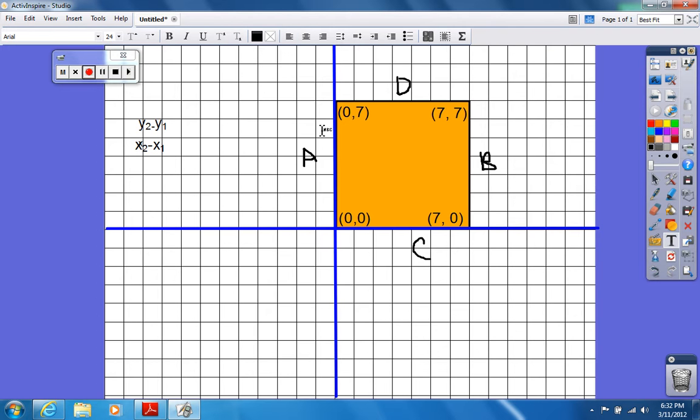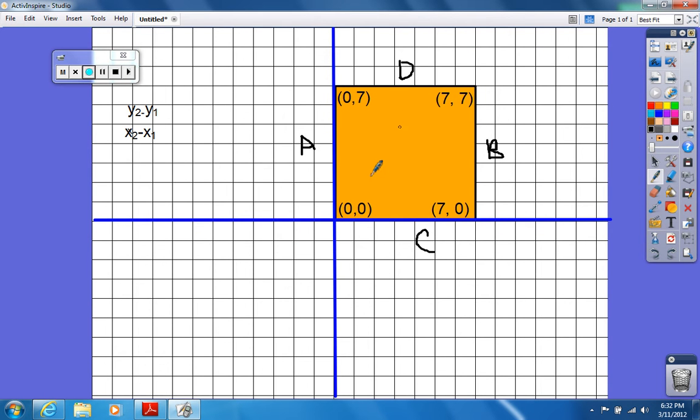Okay, so let's start with side A. We're going to do 0 minus 7 over 0 minus 0, making our slope negative 7 over 0. Now that is not possible because you can't divide by 0, so we say that this is no slope.